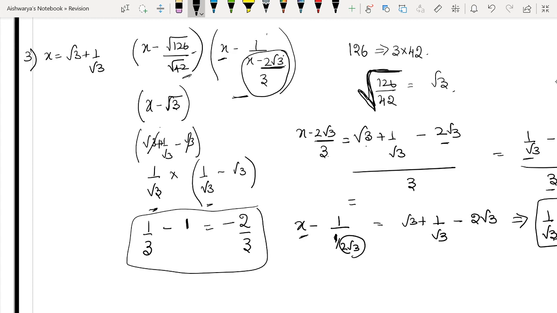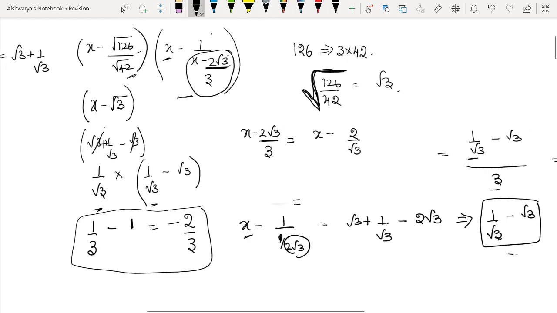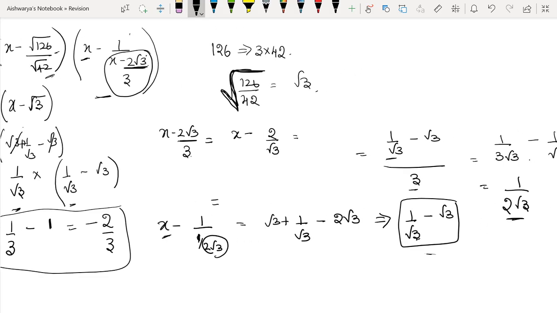Divided by 3. So if I just change this part, then it becomes even more simple. It becomes very easy. So it becomes x minus 2 by root 3. So x minus 2 by root 3 is nothing but root 3 plus 1 upon root 3 minus 2 upon root 3.